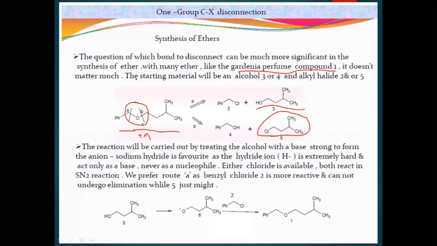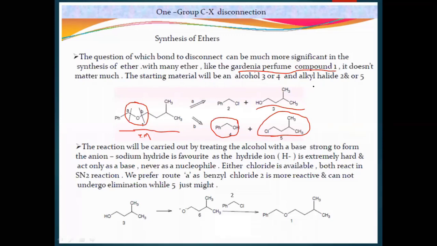It does not matter much, but you need to be very cautious about the site of disconnection. The starting material will be alcohol 3 or 4. There are two alcohols, right? Alcohol 3 is obtained if you follow path A, and alcohol 4 will be obtained if you follow path B.